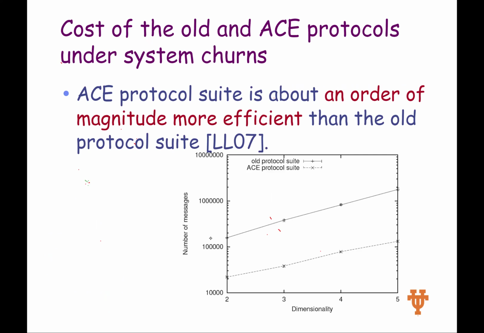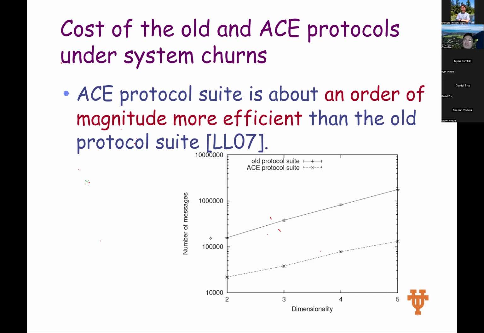Actually, they published another paper in ICDCS 2007, which is called the old protocol. I don't know why the name is so weird. The ACE protocol is much more efficient than the old protocol. I think the old protocol basically checks every neighbor rather than just checking one neighbor per simplex.